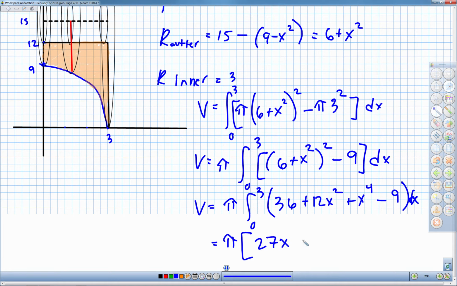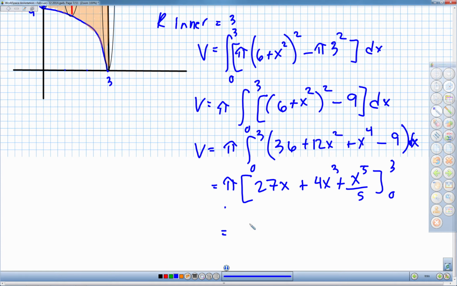Integrate that, get 27x plus 4x cubed plus x to the fifth over 5. And that's going to go from 0 to 3. And when I simplify all that mess, I end up with 1,188 over 5 pi.